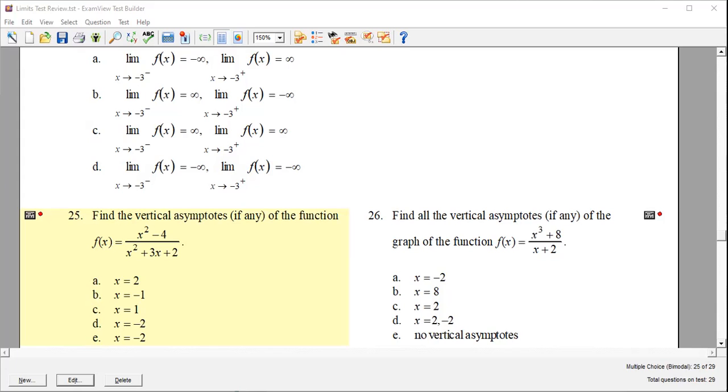While we're working on this, here's your next function. Haley, these are the ones that you like. We want to find all the vertical asymptotes of this function. You need to recognize that the top is perfect cubes.